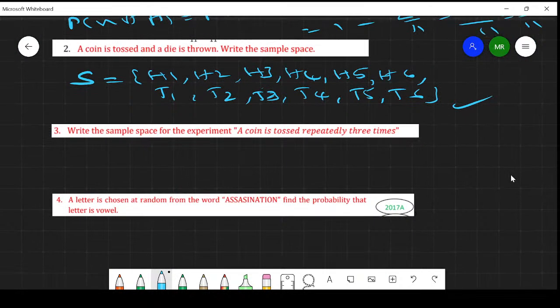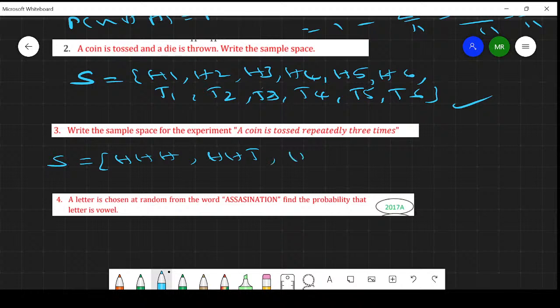Write the sample space of the experiment: a coin is tossed repeatedly 3 times. A coin tossed repeatedly 3 times means the sample space will be HHH, HHT, HTH, THH, TTH, THT, HTT, and TTT.